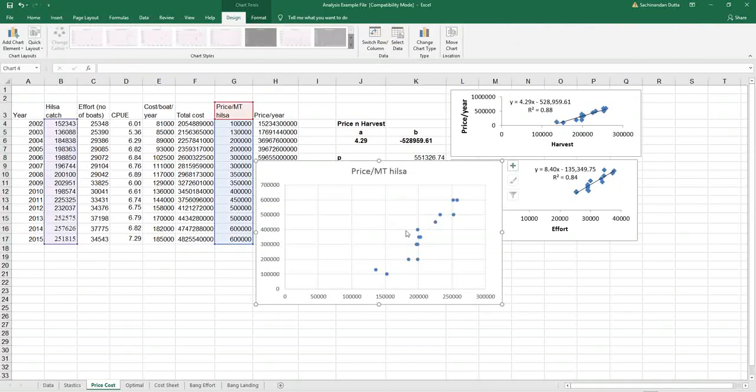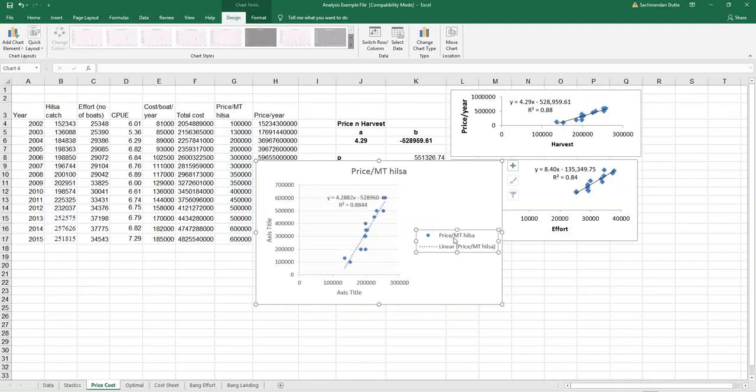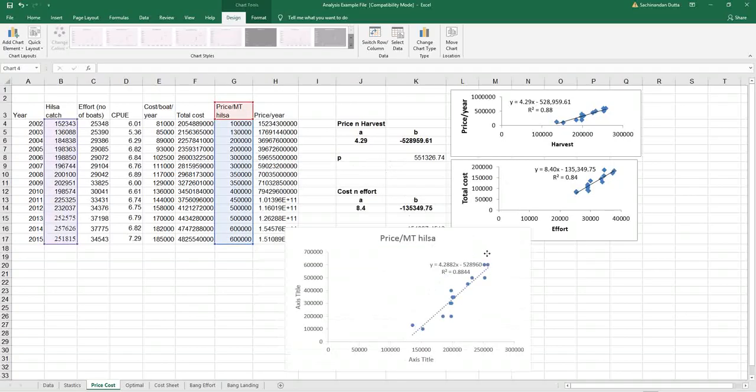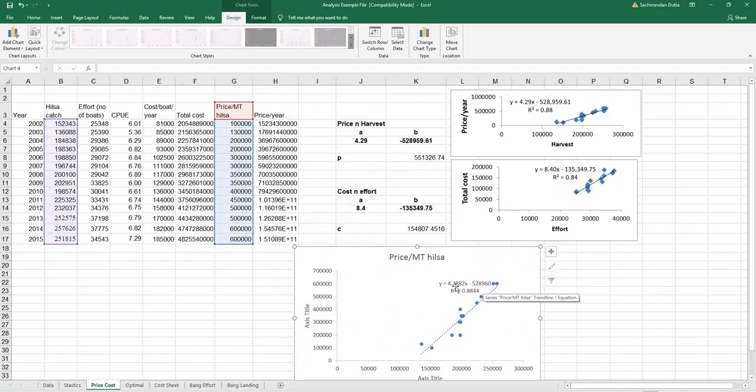Then you add a regression line, and you can get the A and B values, intercept and slope. So the A value is 4.2929, and B, the intercept and slope, that is the same. So that is the price over the fish price.